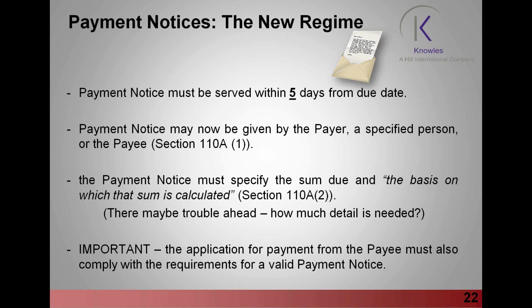What I can say with certainty is that, say, 20 grand on account would not be sufficient detail. And certainly my advice to anyone issuing the payment notice would be give as much detail as possible, because you don't want to find that your payment notice fails for lack of detail.